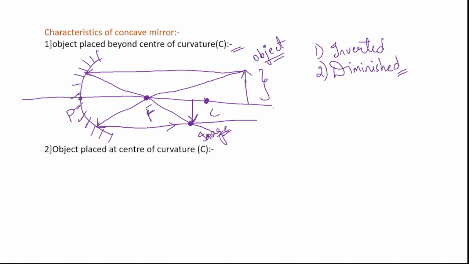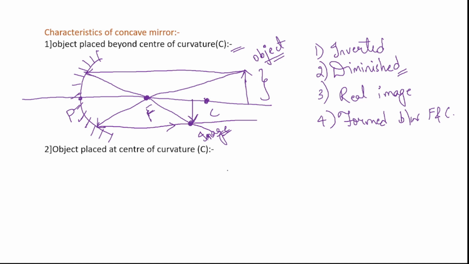Next, it is a real image. Real image means which can be caught on the screen, which can be seen on the screen. Next, it is formed between the focus and the center of curvature. So these are the 4 characteristics of the image when the object is placed beyond the center of curvature.